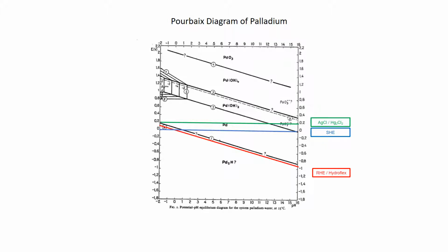Another quite different reference electrode is the reversible hydrogen electrode, with the trade name Hydroflex from our company. This electrode is dependent on the pH value, and you can see here that at pH 0 it is identical with the standard hydrogen electrode, of course.